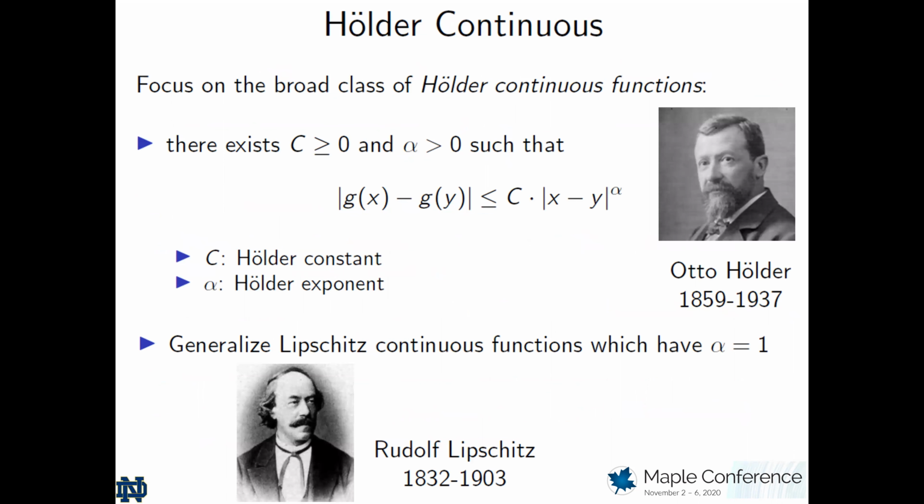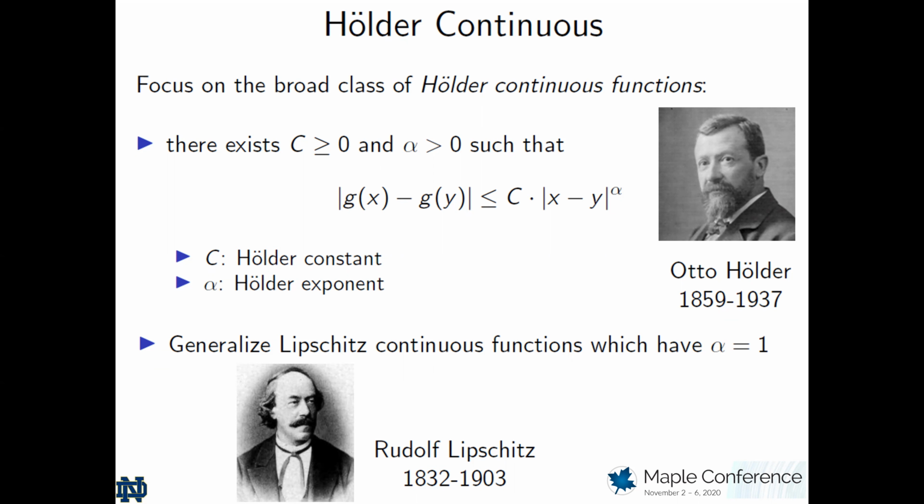The class of functions that we're going to consider are the Holder continuous functions, developed by Otto Holder. The idea is that there exists a constant c called the Holder constant and a value alpha, which is strictly positive, called the Holder exponent, such that when you evaluate your function at 2 points, the difference is at most c times the distance between the 2 points raised to the alpha.